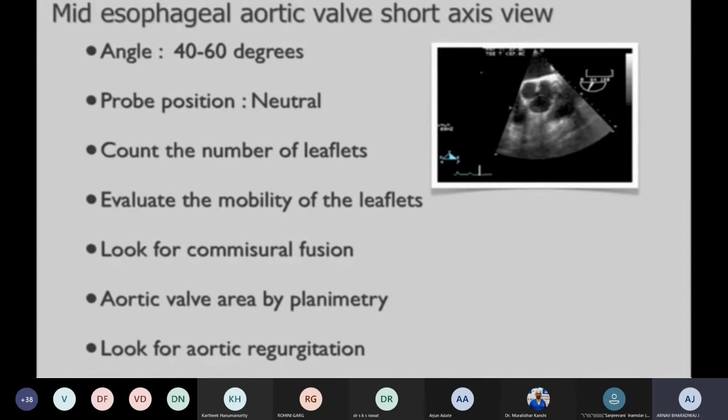So this is the mid-esophageal aortic valve short axis. As I told you, it is obtained at an angle between 40 to 60 degrees. Probe position is neutral.